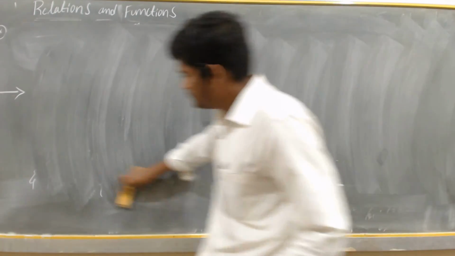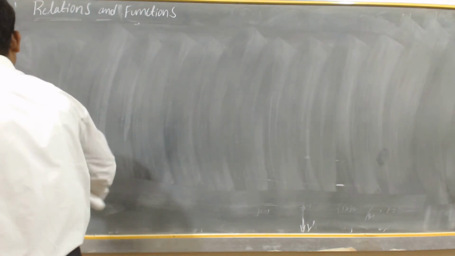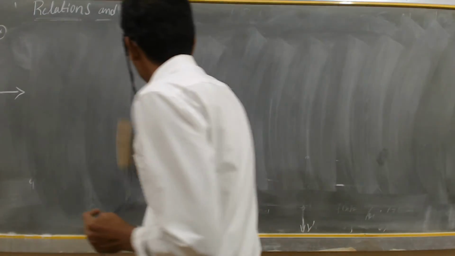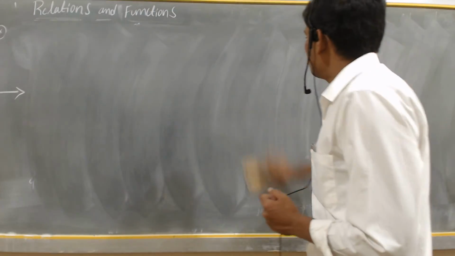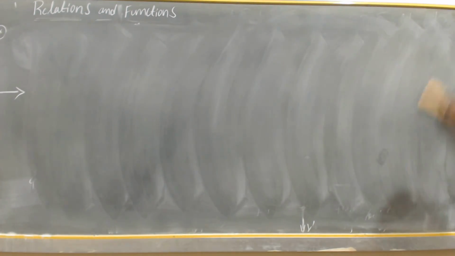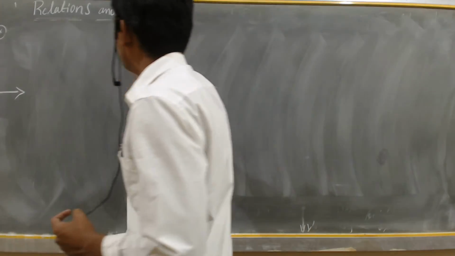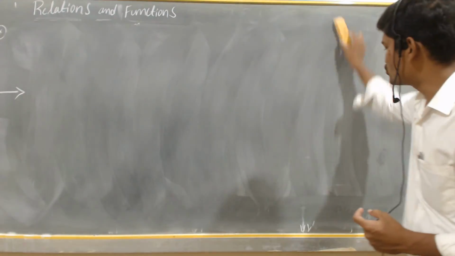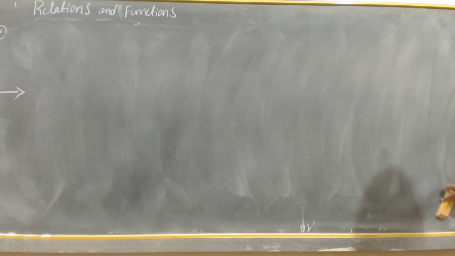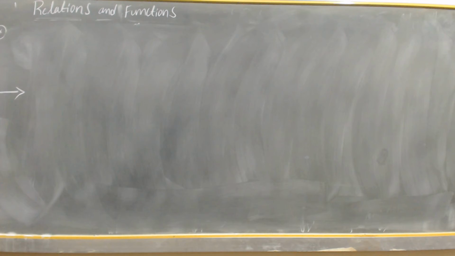And dear students, as I told you, whatever the important concepts are, you must practice those. What are those? First one is identity function, constant function, modulus function, signum function, greatest integer function. Now we will discuss the greatest integer function. What is the concept of the greatest integer function? Let us see.